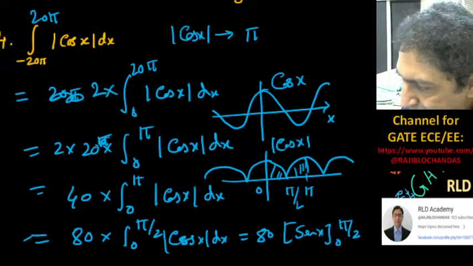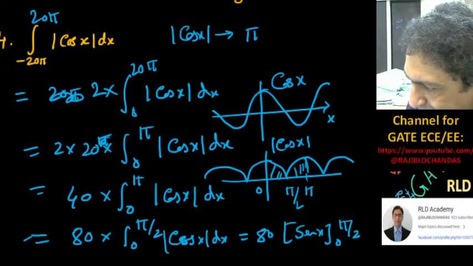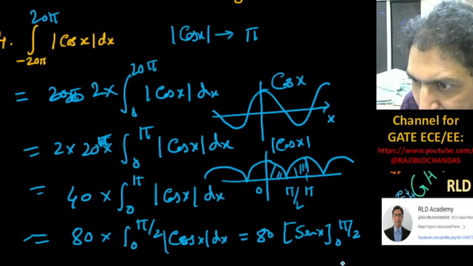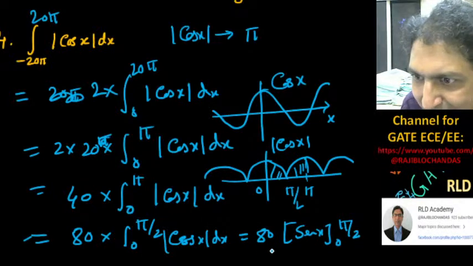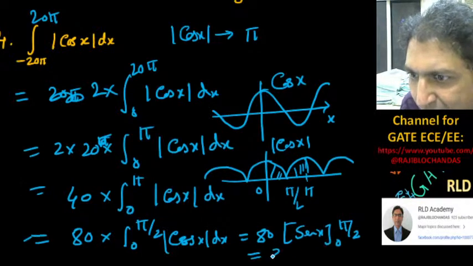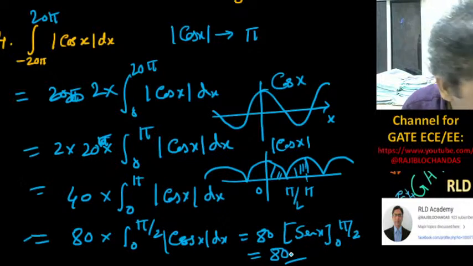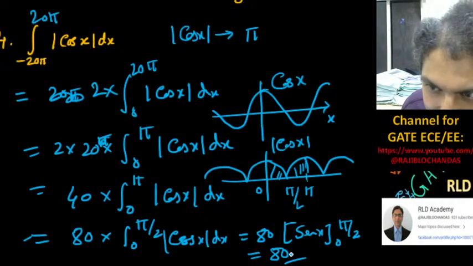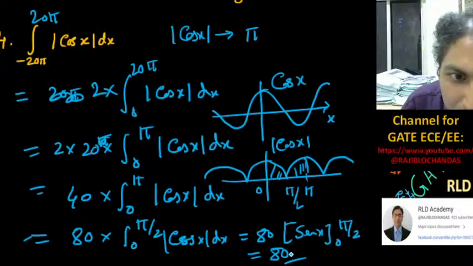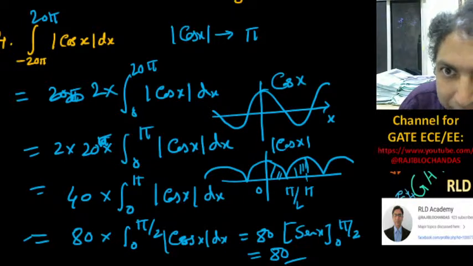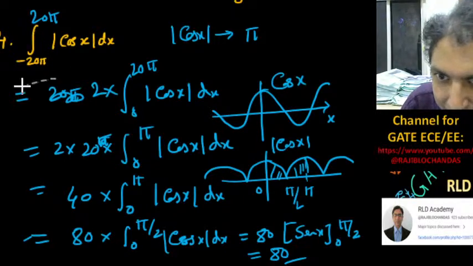Is it okay? So sin pi by 2 is 1 and sin 0 is 0, thus its value is 80. Yes, so 80 is the answer, perfect. So now I want to give you some quick results.